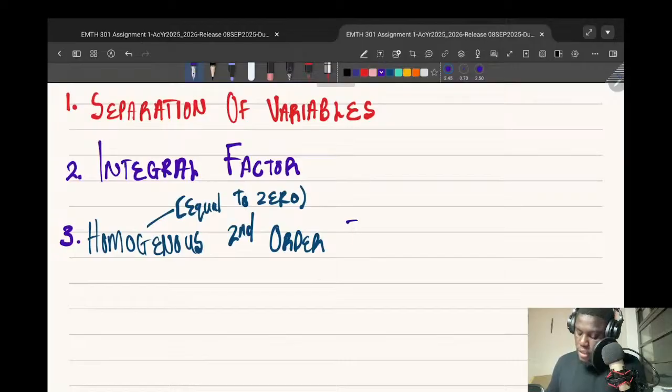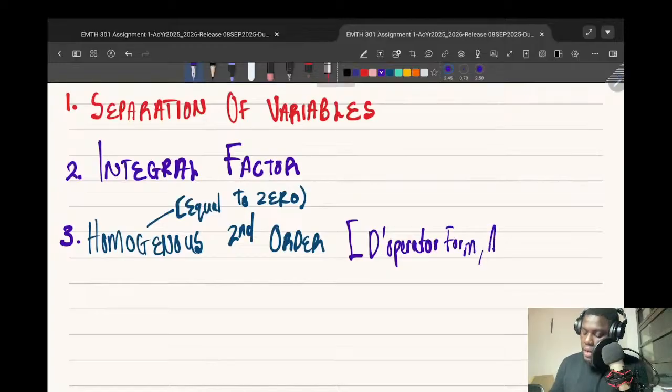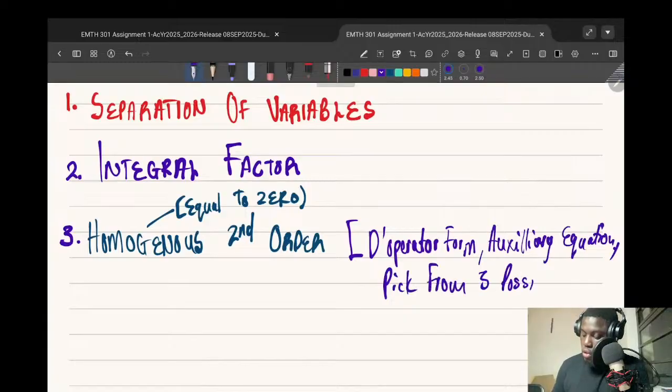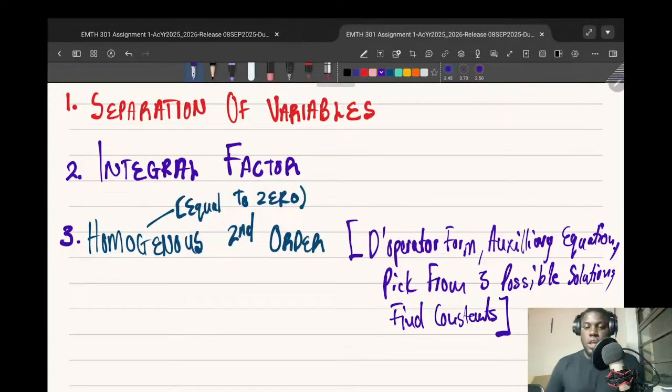You convert to D operator form, then write the auxiliary equation. This sounds complicated, but it's easy. Then you pick from 3 possible solutions, then you find the constants. It's when you have homogeneous second order. It's one type, and this is just the steps.